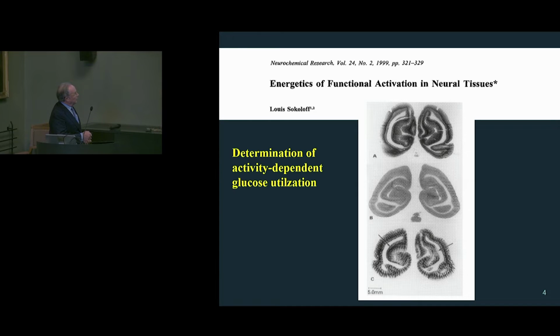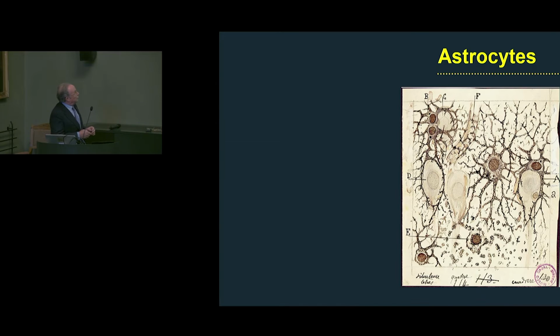And this is a very famous image showing ocular dominance columns in the primary visual cortex showing activity-related consumption of energy. So in summary, the basic principle here is whenever a group of neurons is more active, it will be using more energy. And the question was, what are the mechanisms for this coupling?